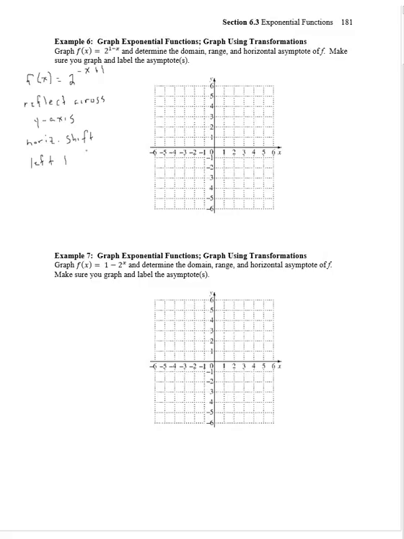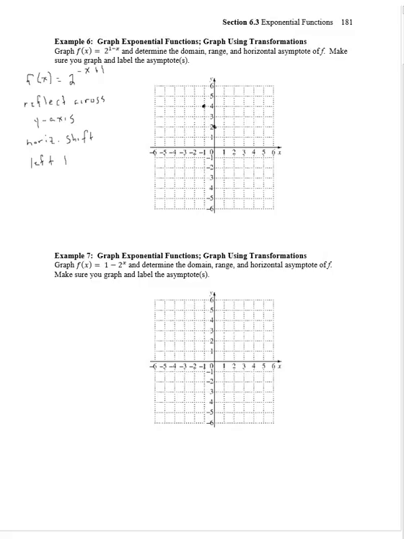If we plug in -1 for x, we get 2 to the -1 plus 1, which is 2 squared, which is 4. If we plug in 0, we get 2 to the first, which is 2.